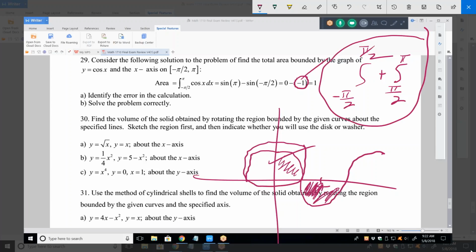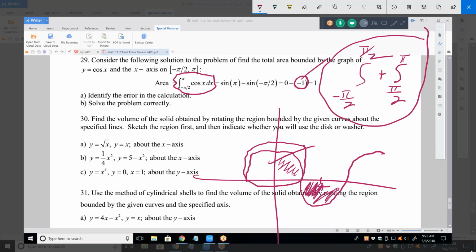In other words, I can do this on a calculator and put the absolute value of cosine of x in there. And then that would give me my answer, which is going to be 1. Or not 1, more than 1. Whatever this comes out to be.